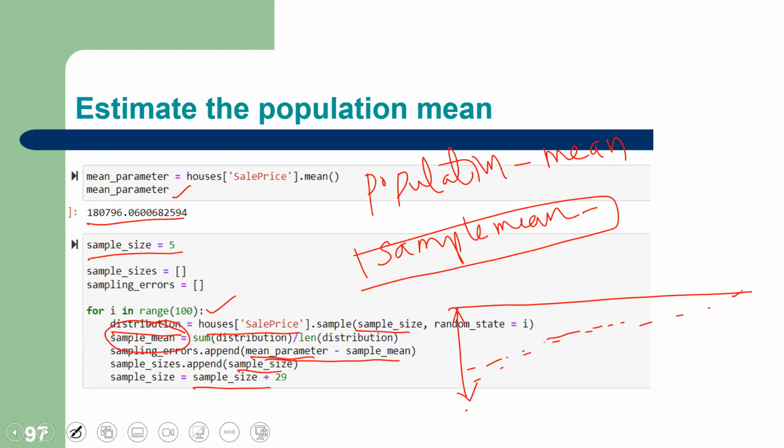In any statistical survey or analysis, we will never have the population data. But our ultimate goal is to estimate the population parameters, which we already discussed, and always we will be dealing with the sample.